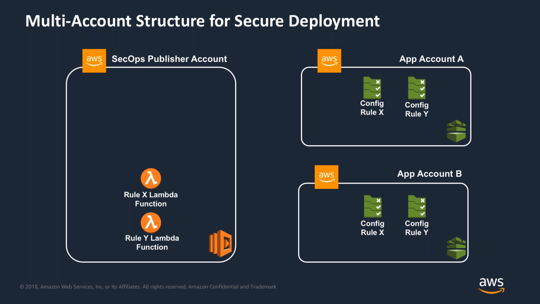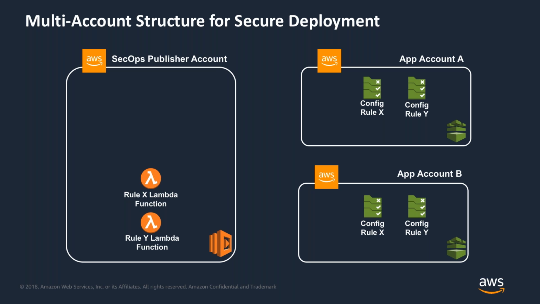The best thing to note is actually segregated accounts for security operations and security operations applications. As you can see here, I've got a separate account known as the security operations publisher account, or essentially the central security operation account. And this account is where all of my config rule lambdas are housed.